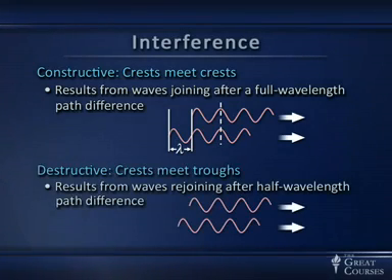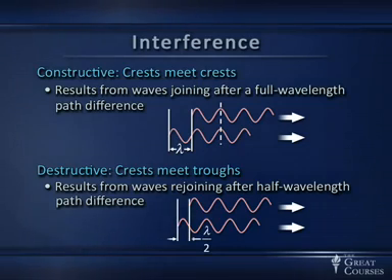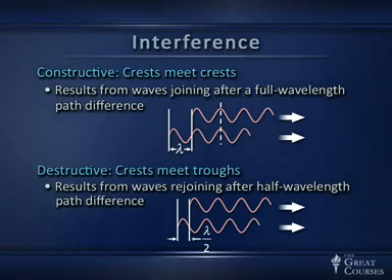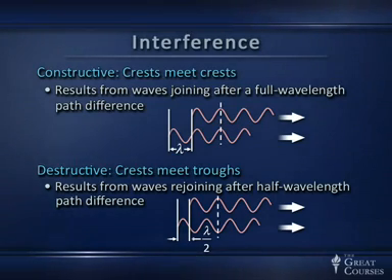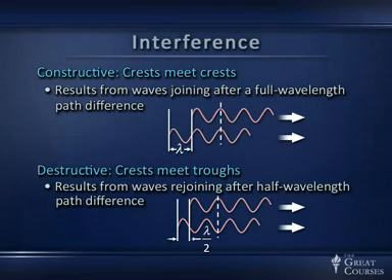Destructive interference occurs when crests meet troughs. So here's an example of destructive interference. Here are two identical waves, except that now one is half a wavelength behind the other, half a wavelength instead of a full wavelength, and that causes the crests to line up with troughs and the troughs to line up with crests, and those two waves cancel out completely. That's complete destructive interference. So how would we make these kinds of interference happen?